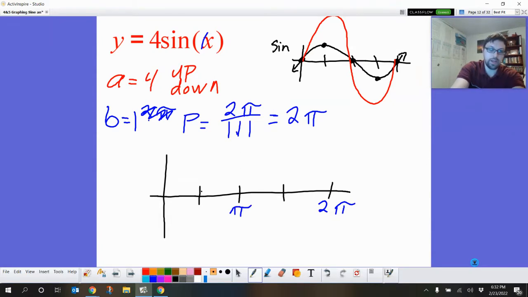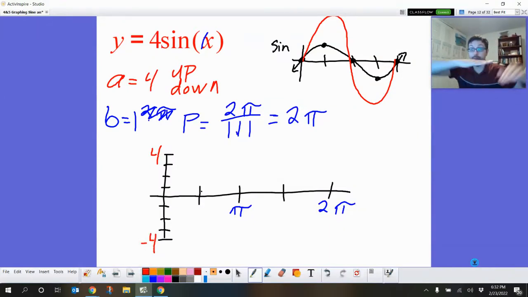And then we want to think about how high and low we're going. Well, we're going up 4. Oops, that was a bad tick mark. Let me make that a little better. 1, 2, 3, 4. So we're going up 4 according to our amplitude, and we'll also go down 4. It's not how tall the whole thing is. It is how far from the middle we're moving up and how far from the middle we're going down.